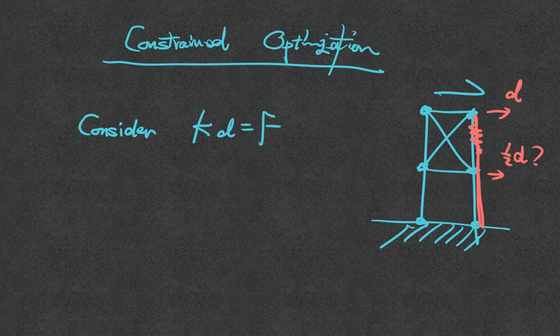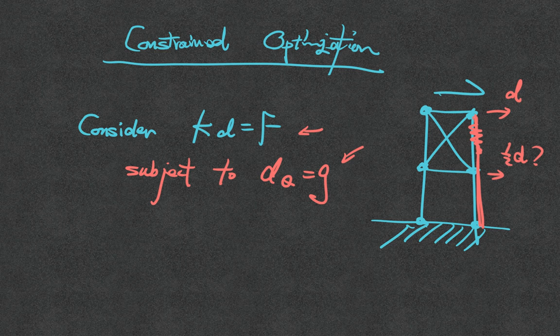I want to put it into the system. That system would affect how much energy it stores, and it needs to be taken into account. So if you can write the constraint here, that would introduce the constraint to the system, and we would say it is subject to Dq equals g. I'm simply controlling a subset of the displacement degrees of freedom to obey a certain constraint g. For example, call this node 1 and this node 2.